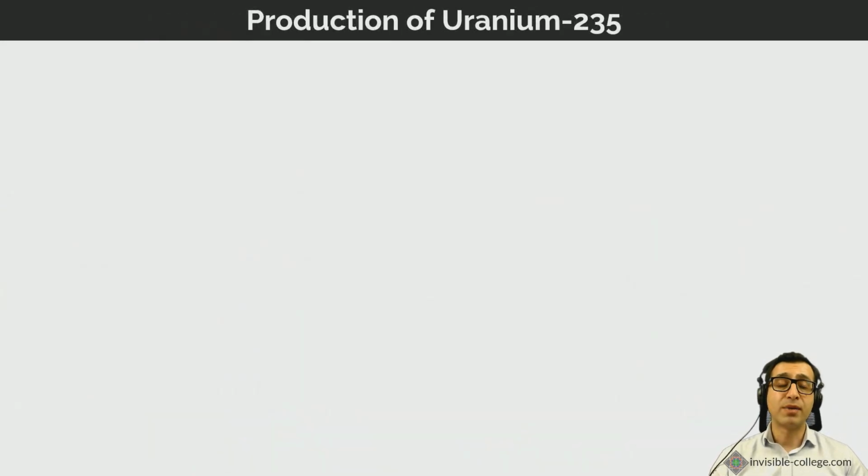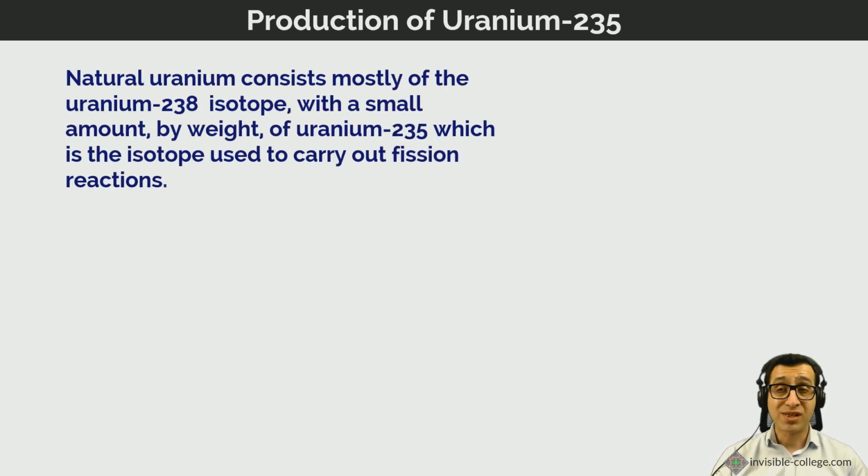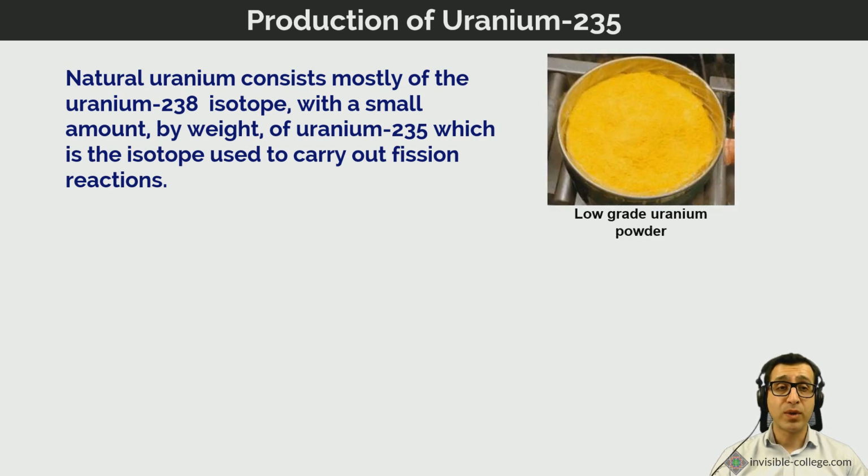So natural uranium consists mainly of uranium-238 with a small amount by weight of uranium-235, which is the isotope which is needed to carry out fission reactions. So here we can see low-grade uranium powder. It's this yellow substance, which is sometimes called uranium yellow cake.